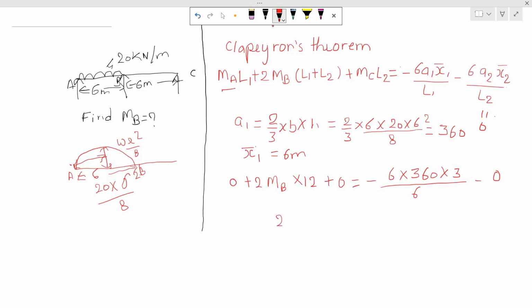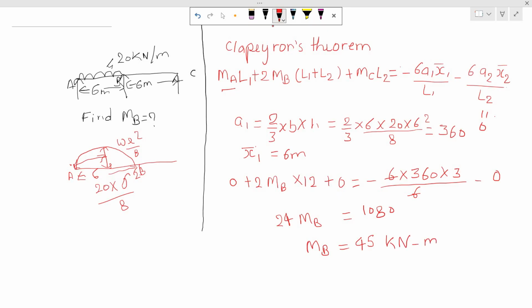So this is 24 MB is equal to, you can cut it, 360 into 3 is 1080, and when you divide it by 24, it will become 45. So 45 kilonewton meter.